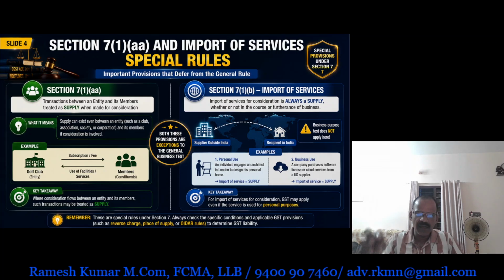Suppose a person in India receives a service from a supplier located outside India. The question that arises here is, does the service have to be connected with the business? As you know, this is a clear example of import. So for an import of service made for consideration under Section 7, subsection 1, clause B, as shown on the right side, the business purpose requirement doesn't apply in the same way as it does under the general rule.